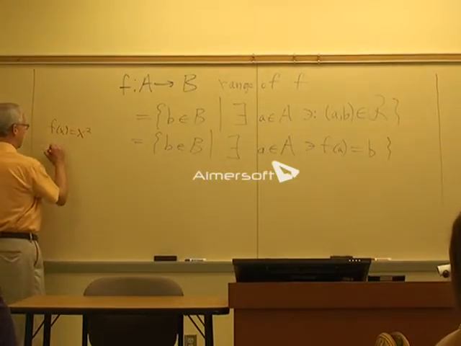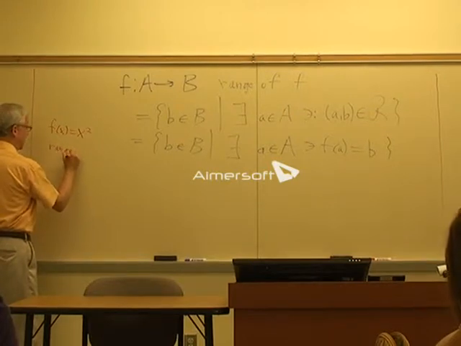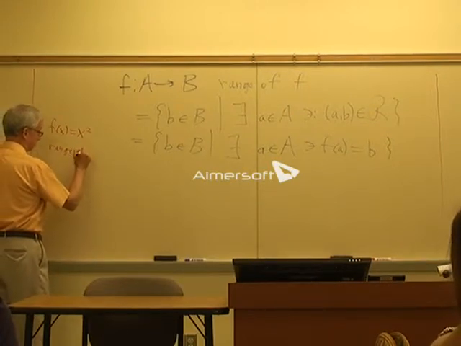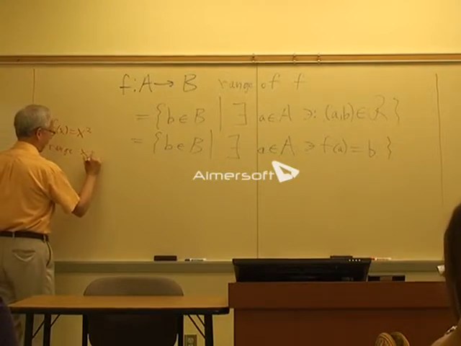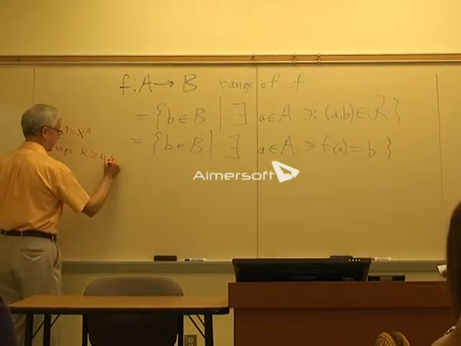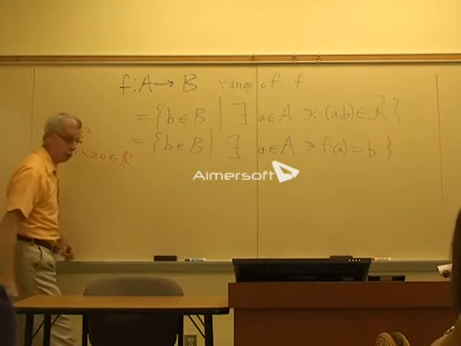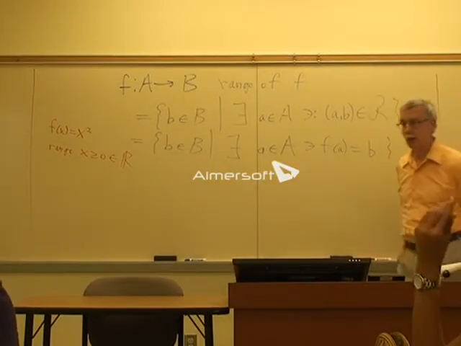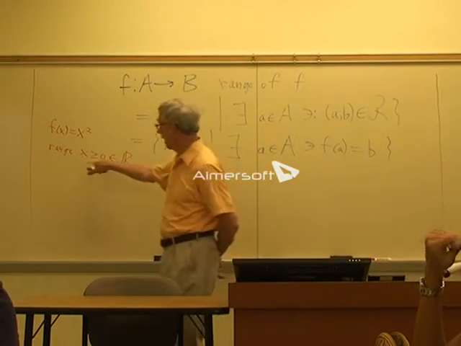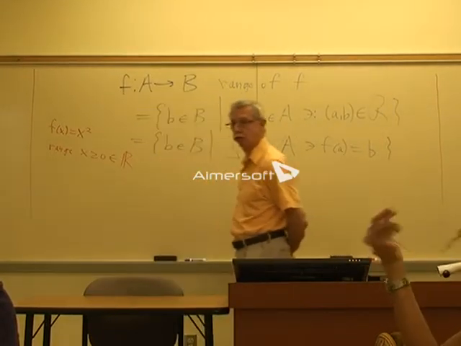So the range of f in this case is x greater than or equal to 0. All positive real numbers and 0. I can never get a negative number out of that map, so no negative value is in the range of the function, because I can never get there.